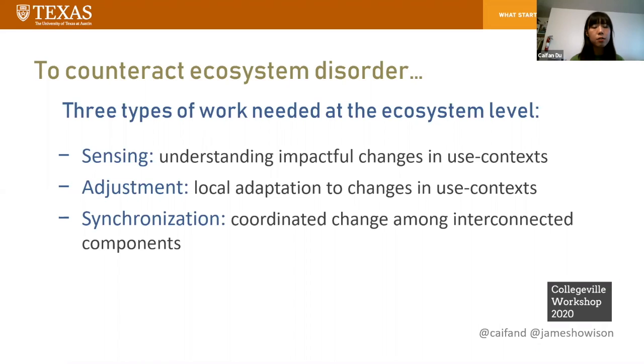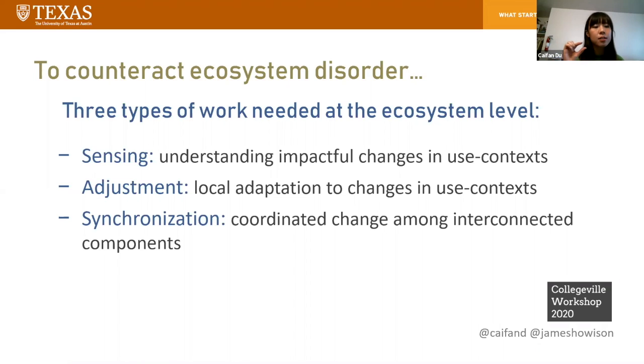Any single component in that assemblage, its change could affect the health status of the assemblage itself. So we call this sensing, to be aware of the situation and the need to react to that one single component change for your whole software assemblage.